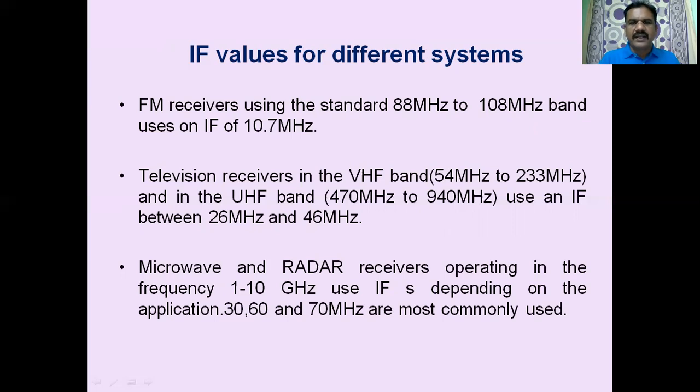Fidelity is provided by the audio amplifier, so we get better signal recovery at the output of the superheterodyne receiver. Hence, the superheterodyne receiver is commercially used in many applications. So we have an IF value of 455 kHz for AM receivers and 10.7 MHz for FM receivers.